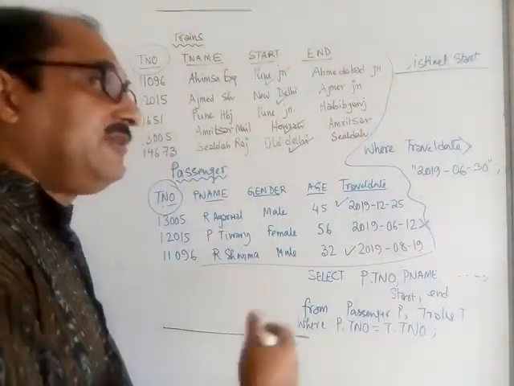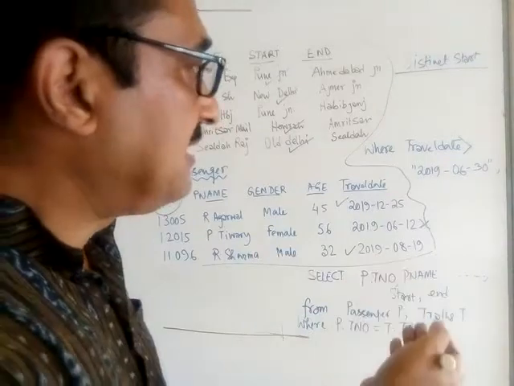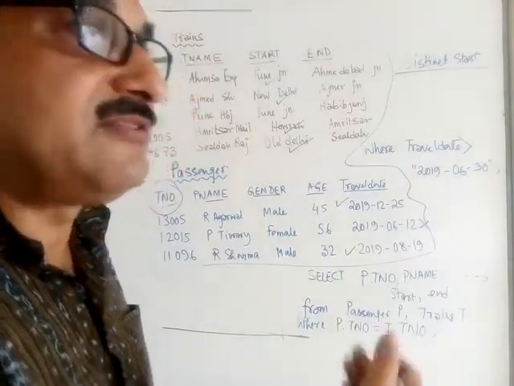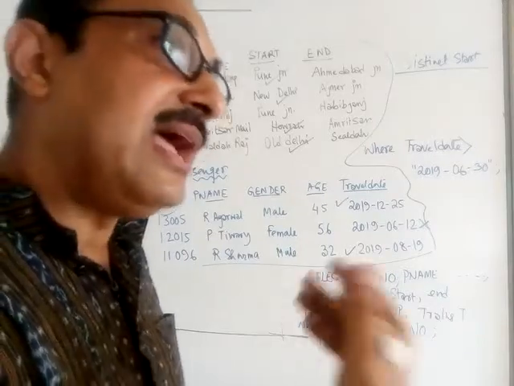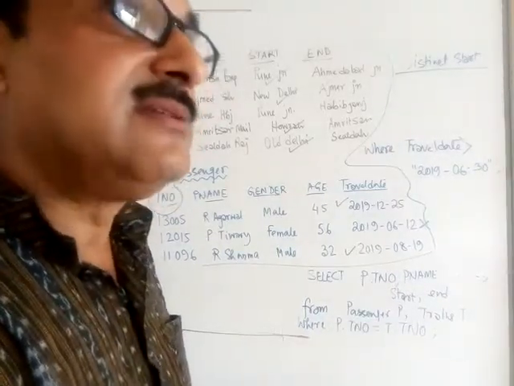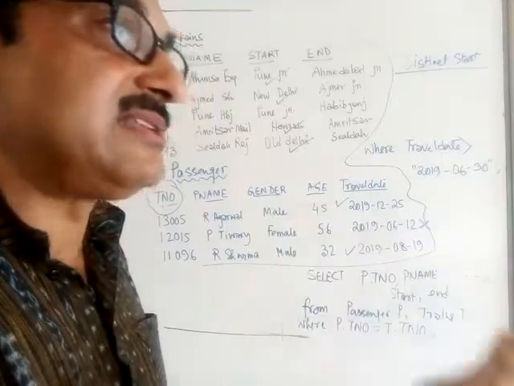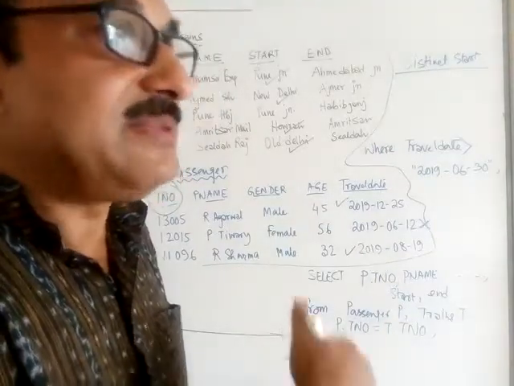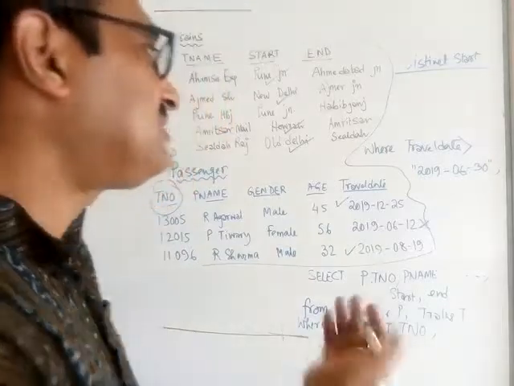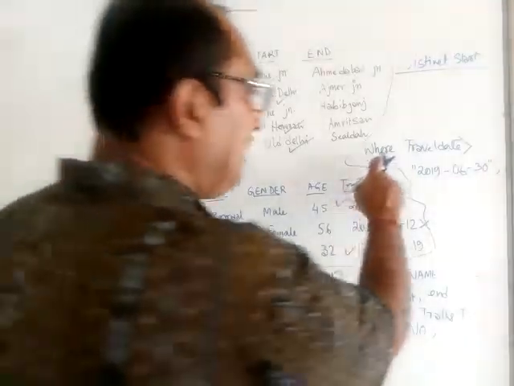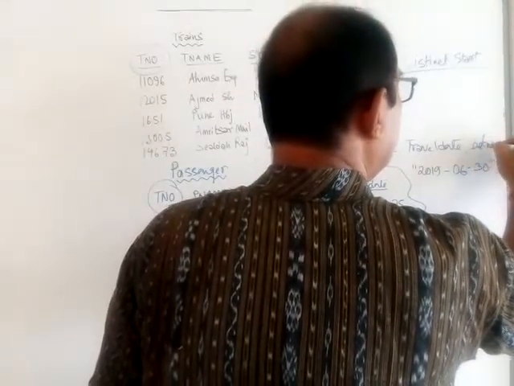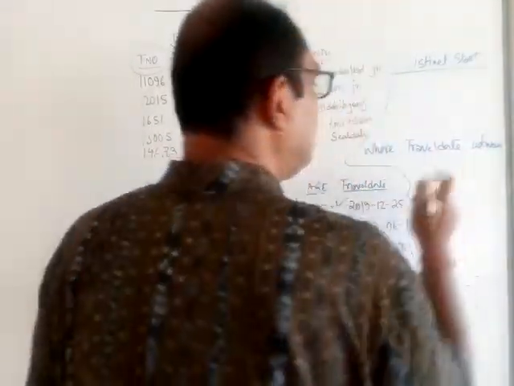And if the question is, passengers who have travelled between June and December, in the month between June and December. So when we are saying June and December, it could be 1st of June also, it can be 31st of December also. So obviously there I will use between. Where travel date, I will write between keyword, and I will write two dates.